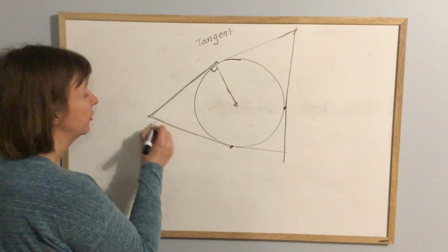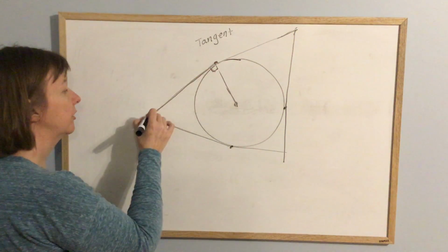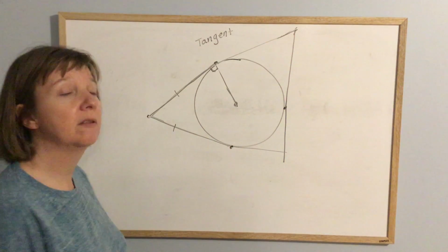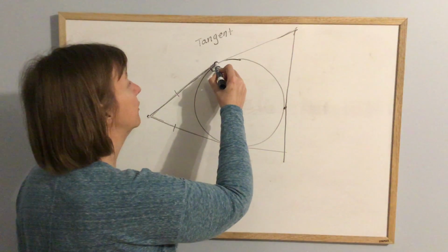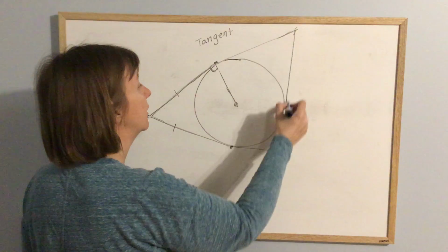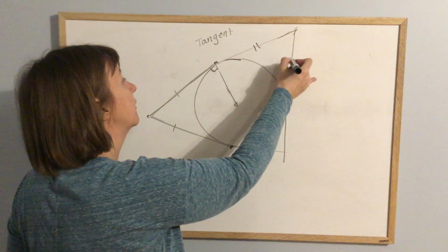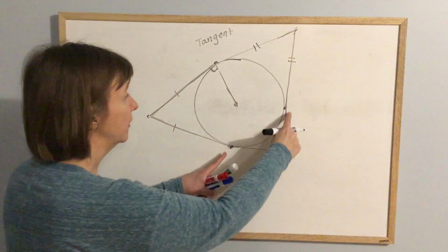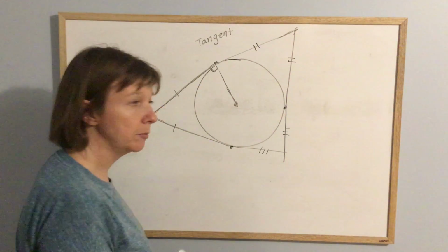From the point of tangency to the point where they touch, so from this point of tangency to where this touches and the point, these two lines have to be the same length. So again, here's a point of tangency, and here's a point of tangency, and they meet out here. So this and this would have to be equal. Same thing here. This and this would have to be equal.